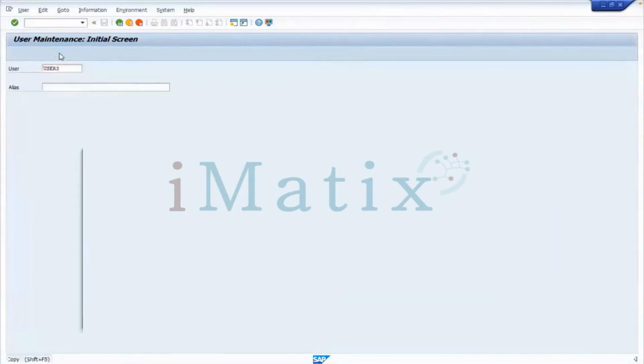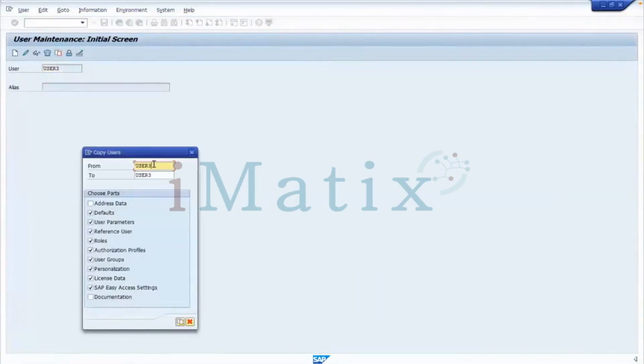User 2 is created. Now I am going to create user number 3.